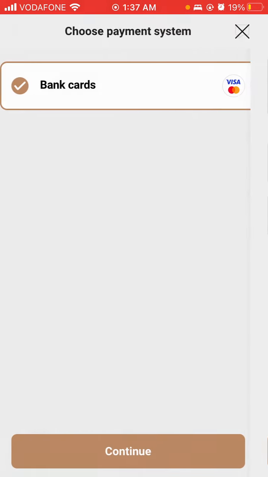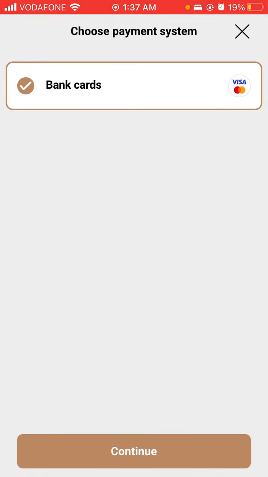Based on the country I'm in right now, I can only deposit through bank cards. It's not giving me the bank transfer option. There are some countries where bank transfer options are available, but for the country I registered my accounts under, it only accepts bank cards.